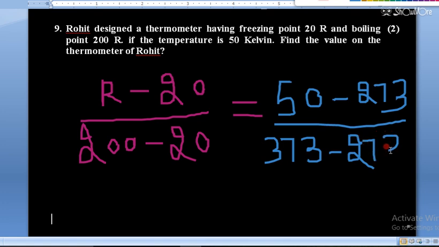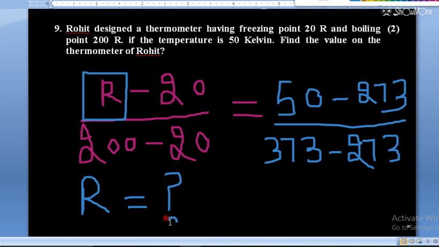After calculation you can check the value of R. You have to find the reading of Rohit's thermometer, and you can easily find the value of R after the calculation. Let me check once what the value of R comes out to be. R comes out to be 381.4, a negative value, so R is minus 381.4.